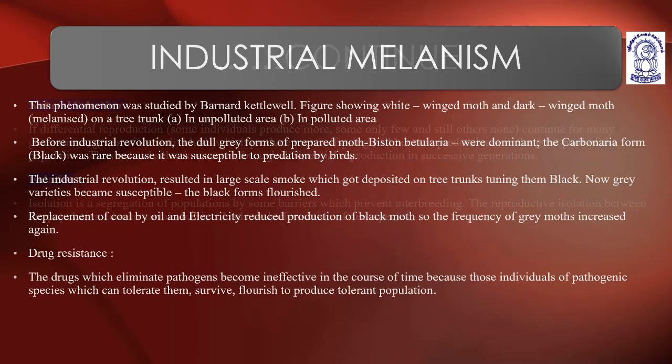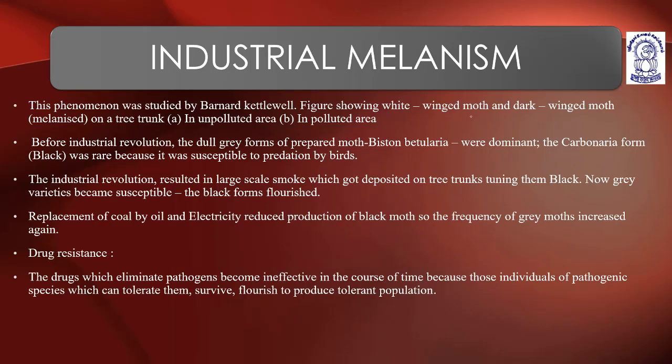Now coming to the next topic, industrial melanism. It's a very important phenomenon. This phenomenon was studied by Bernard Kettlewell. The figures in the next slide show a white-winged moth and a dark-winged moth. The dark-winged moth is melanized, meaning it has more melanin pigmentation, on the tree trunk in the unpolluted area and in the polluted area respectively.